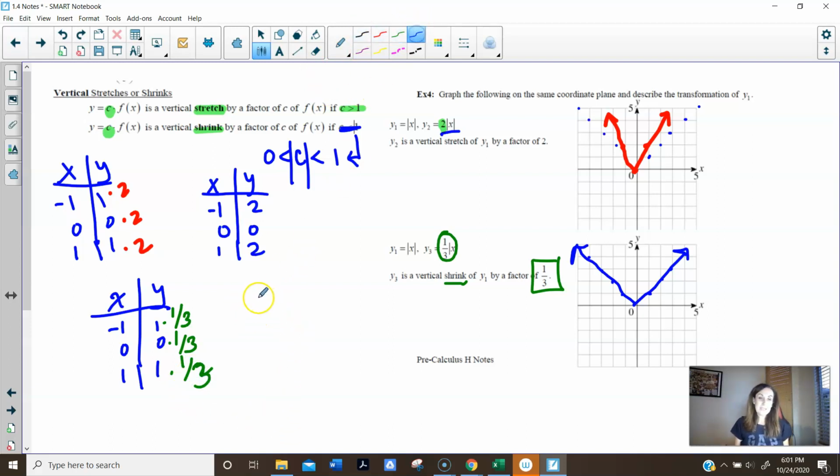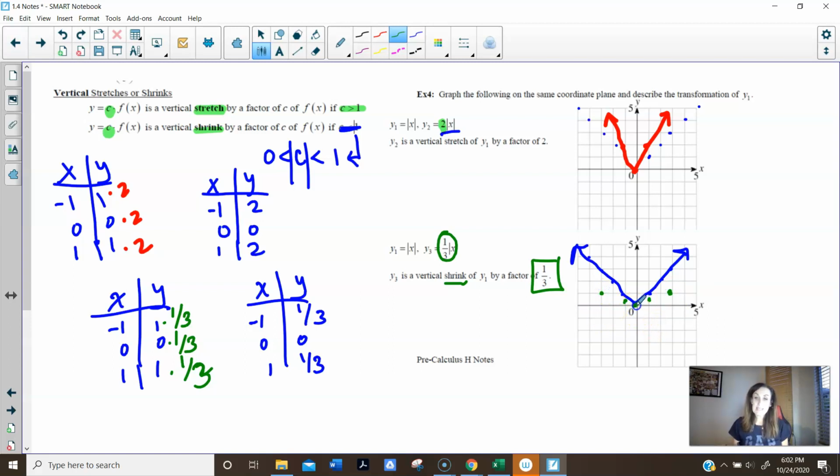And let's write down what this new table would be. The x values will stay the same. The y values are going to move to a third. So looking at this, we're going to go right 1 and up a third, 0, 0, and left 1 up a third. If we end up going right 1, 2, 3, we're going to be up 1. And left 1, 2, 3, we're going to be up 1.